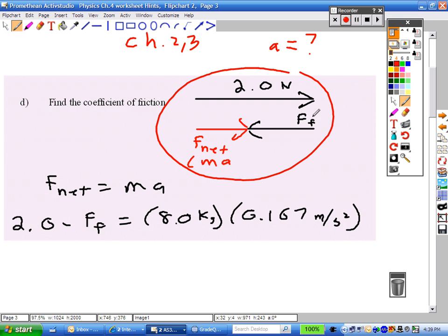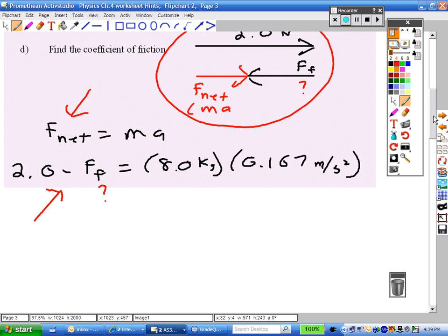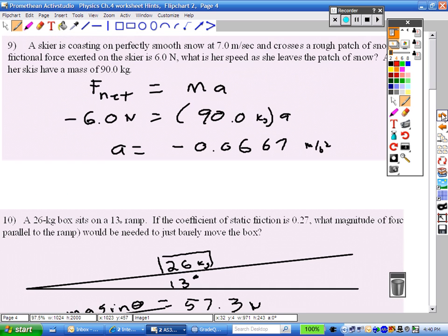Friction's unknown to us, but it's resisting. So the net force is what's left over when you take the forward force minus the backward force. The net force is the subtraction of 2 newtons forward and unknown friction backwards. Well, look, there's only one unknown there. The rest of the problem should fall in place nicely.